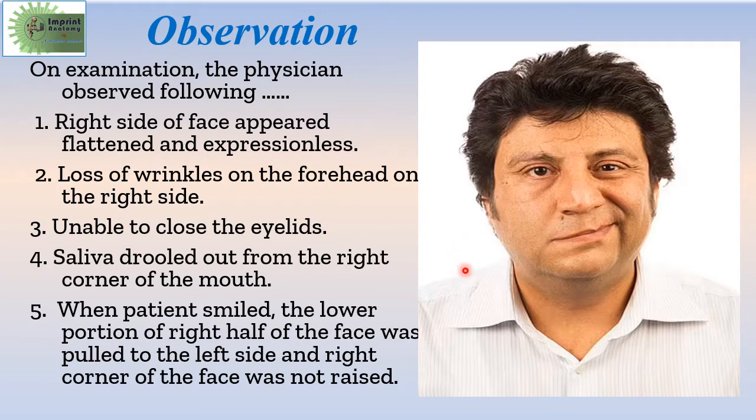The teacher was unable to puff or whistle, and when the patient smiled, the lower portion of the face was lifted towards the left side, but the angle of the mouth on the right was not raised as normally seen.